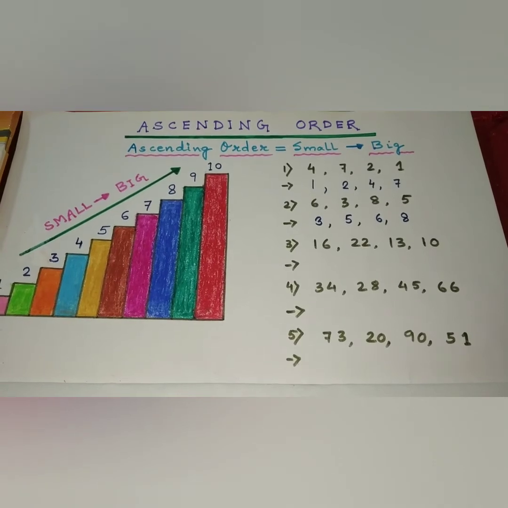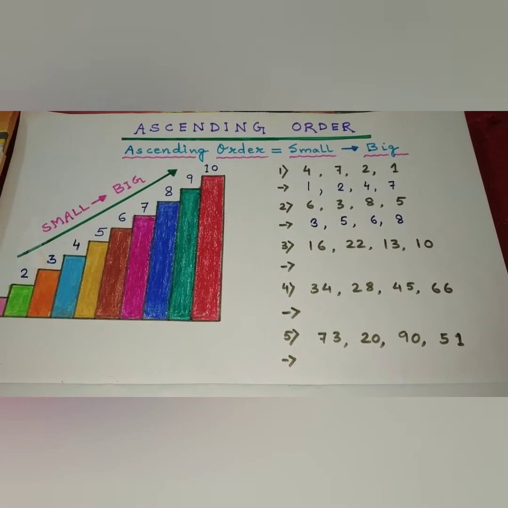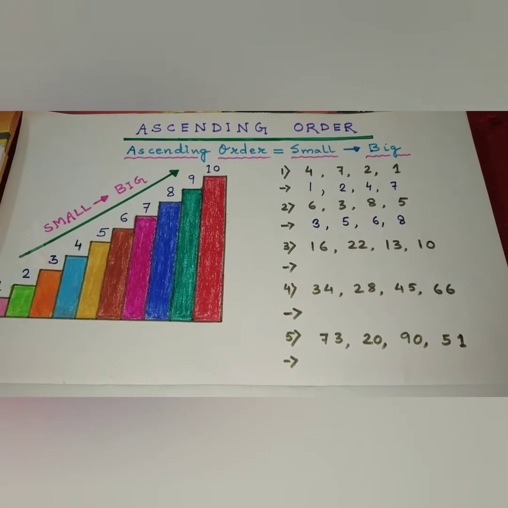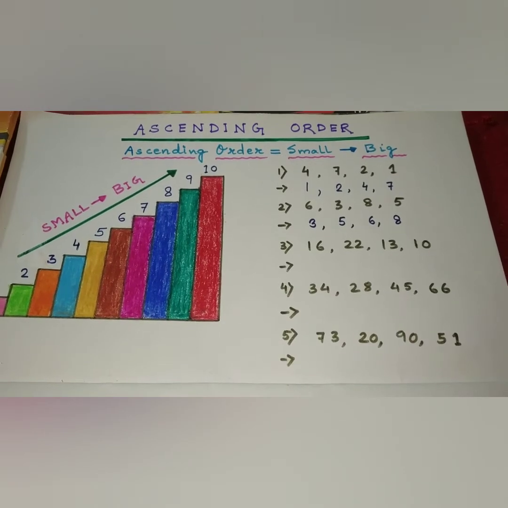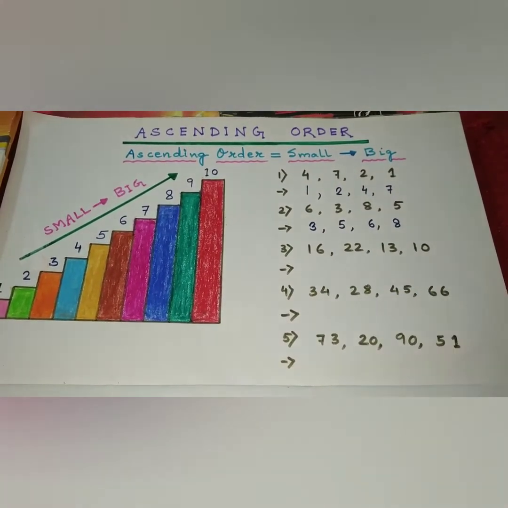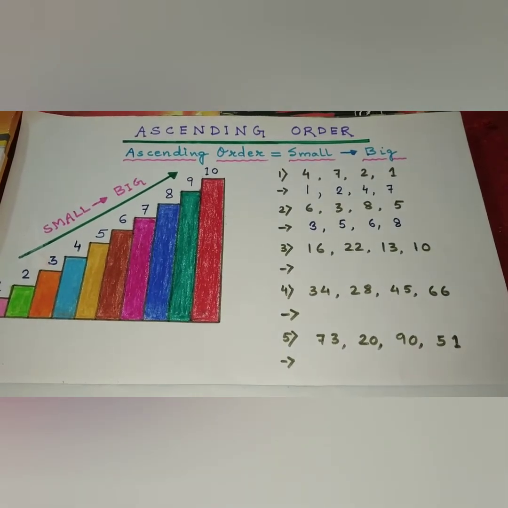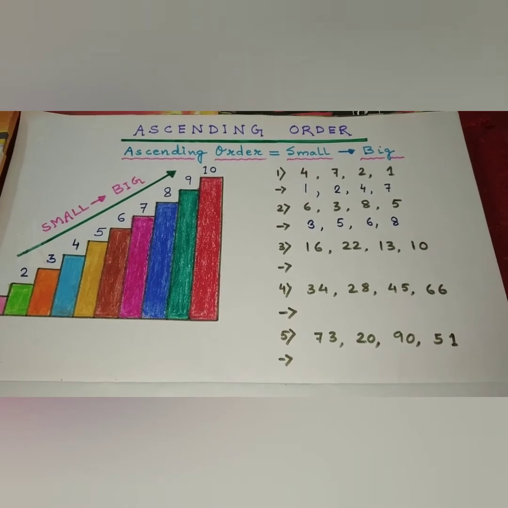So students, one more trick will help you when you see the first digits are same. When you see that the first digits are same in a few numbers, then you should always concentrate on the second digit of that number.